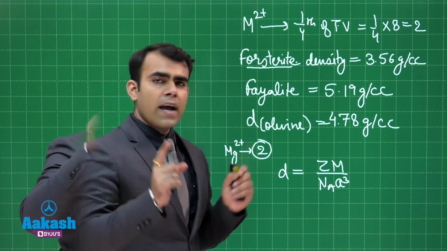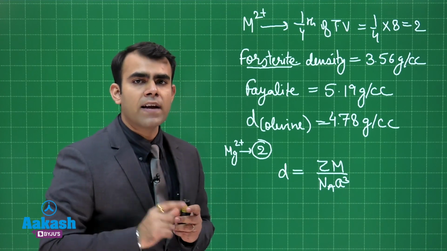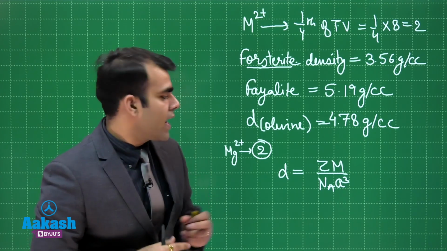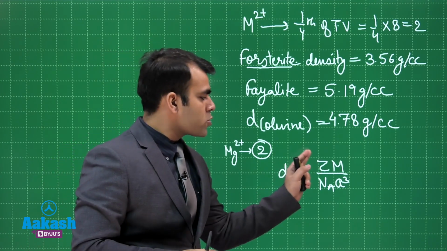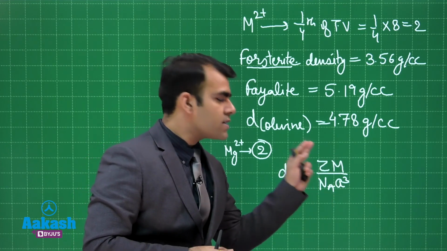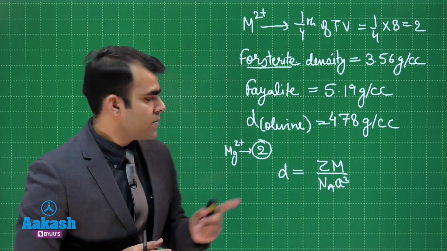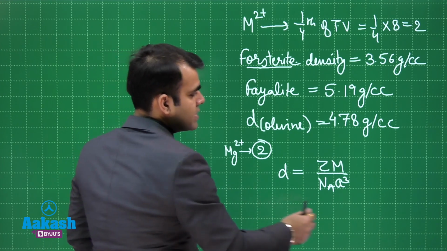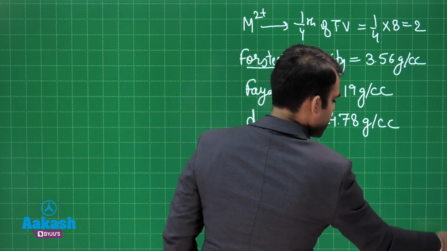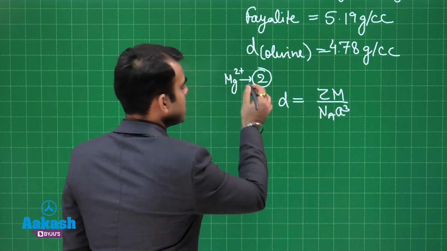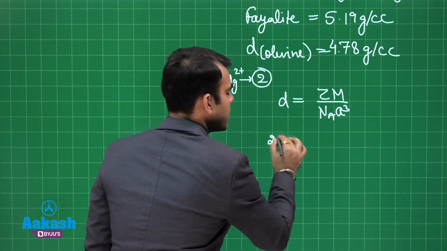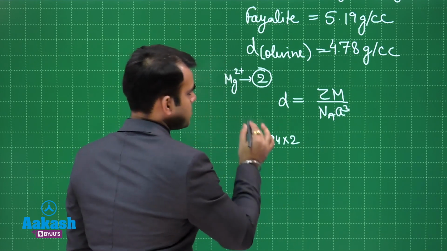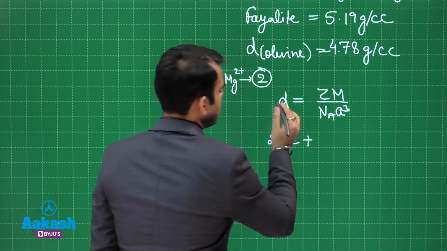But again, if I have 1 tetravalent ion and 4 oxide ions, it means my Z also remains the same, only the mass is changing for density. Now the density for forsterite is, what is the mass of forsterite? That is 24 into 2 plus, what is the mass of silicon?